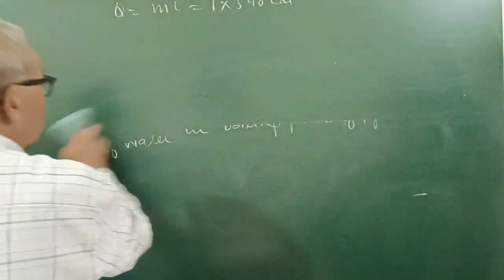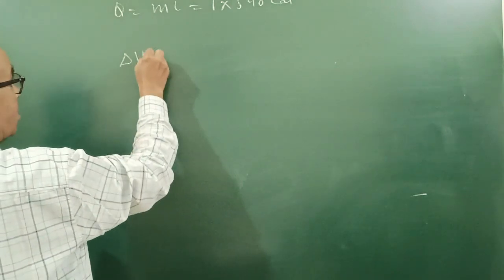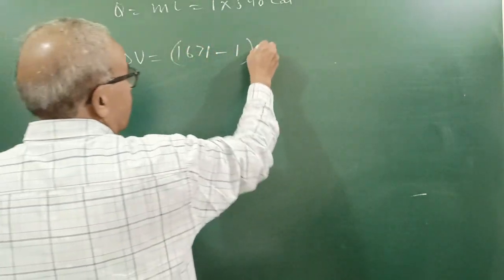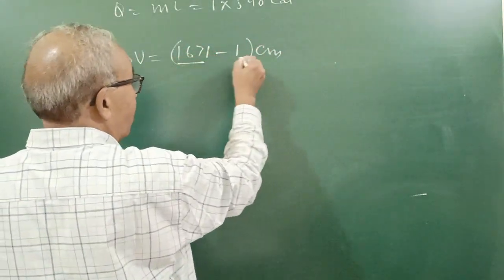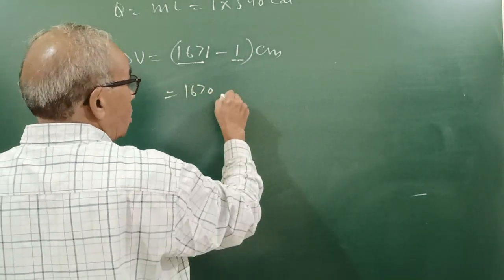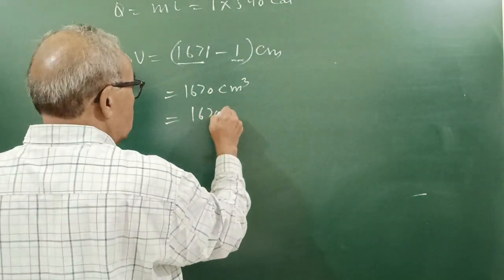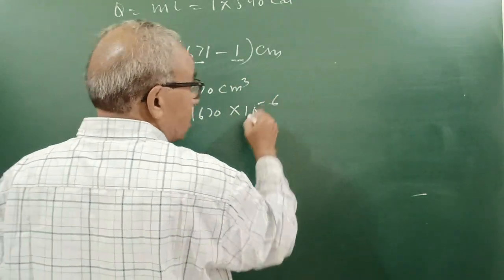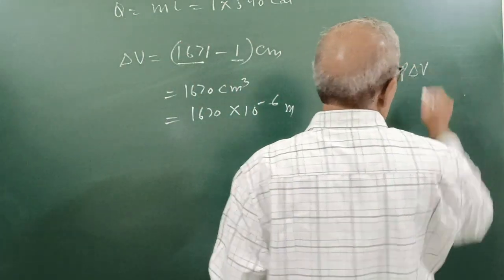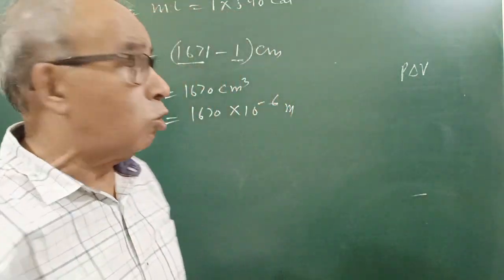Now change in volume. Delta V is 1671 minus 1 cc, volume of vapor minus volume of water, that is 1670 centimeter cube. Convert into meter cube: 1670 into 10 to power minus 6 meter cube. Because pressure into delta V will be in joule when pressure is in Newton per meter square and delta V is in meter cube.